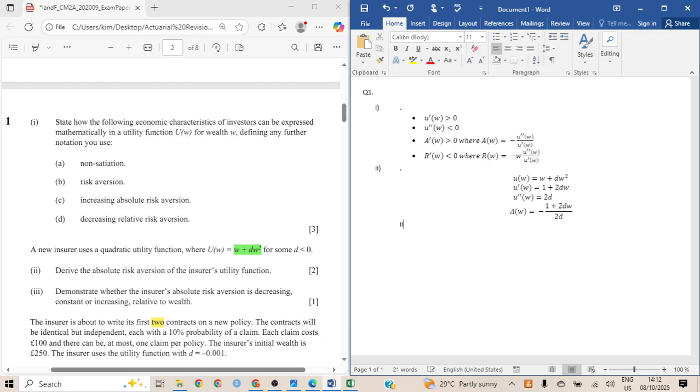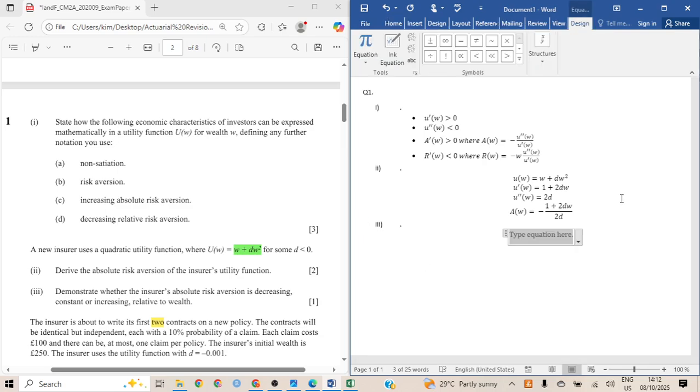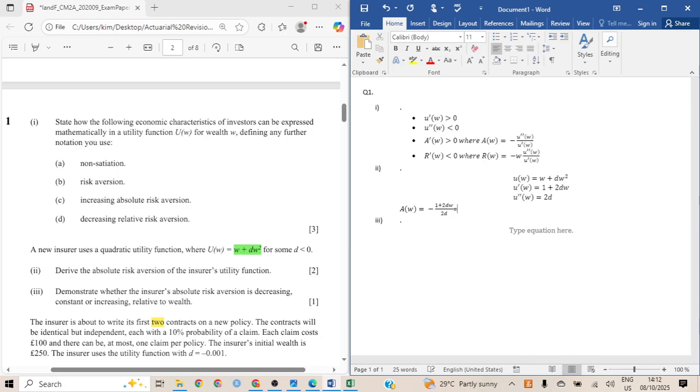And then the third part is asking to demonstrate whether the insurer's ARA is decreasing, constant, or increasing relative to wealth. So I'll just write this in another form that is easy to follow the derivation. Oh no, here I made a mistake.